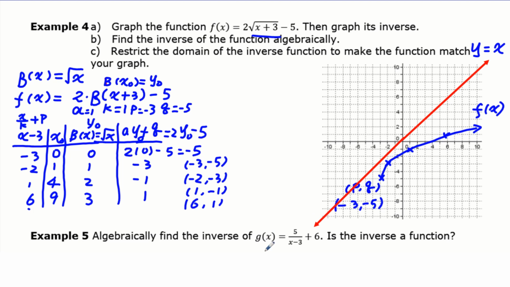So this point is just flipped, this one flip, this one flip. So this one, 6, 1, becomes 1, 6.